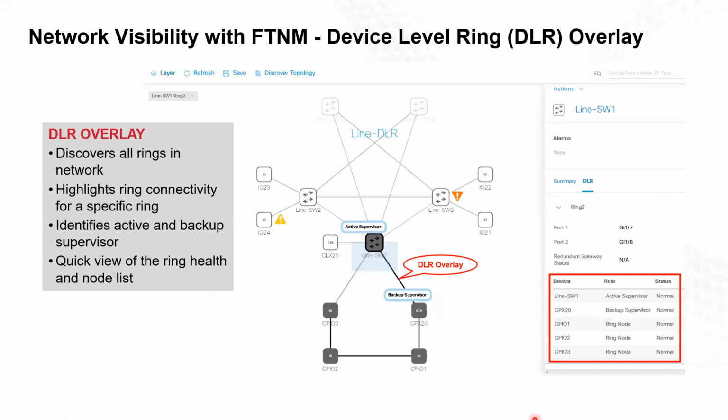And last but not least for my slides, if you're not familiar with it, there is a software out there called FactoryTalk Network Manager. The device level ring can be portrayed in our FactoryTalk Network Manager. If you don't know much about it, please reach out to your automation specialist. We can tell you about it. We can set you up with demos or give you something to take a look at.